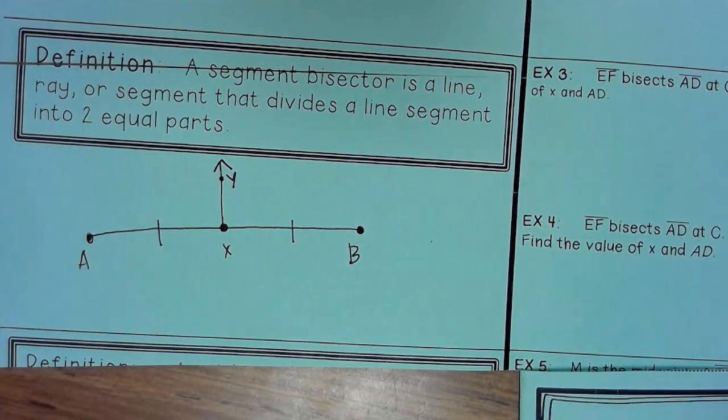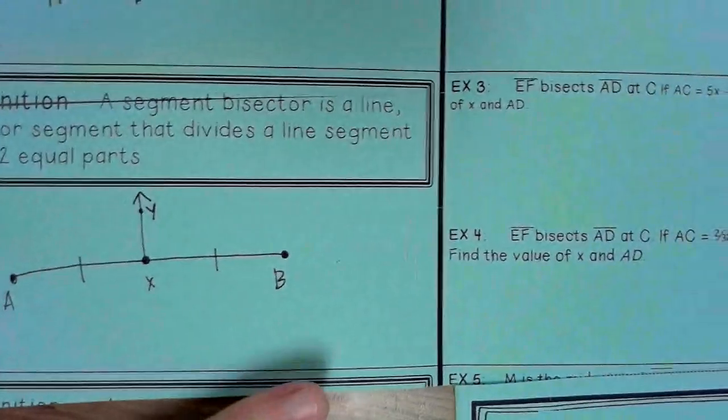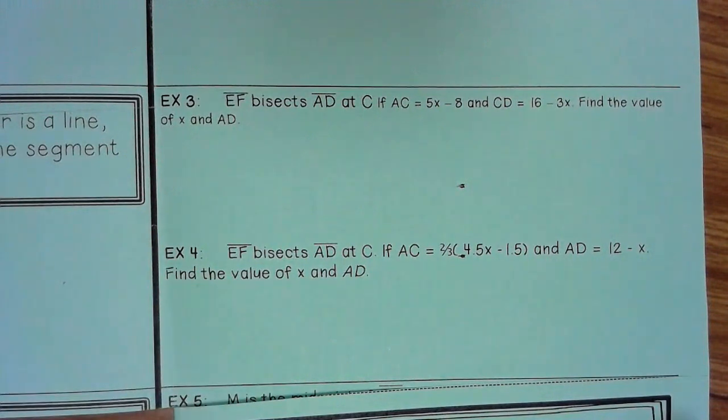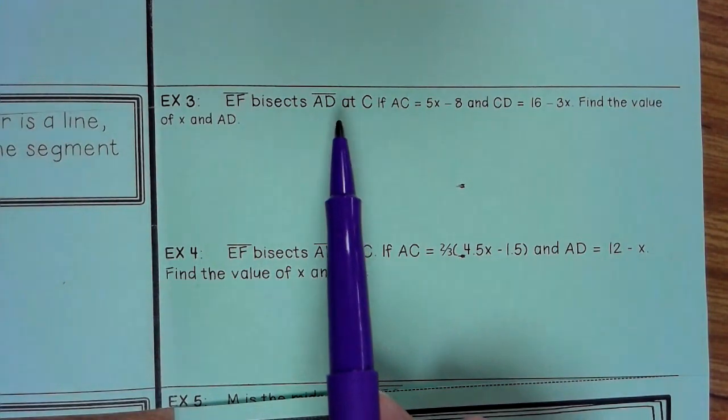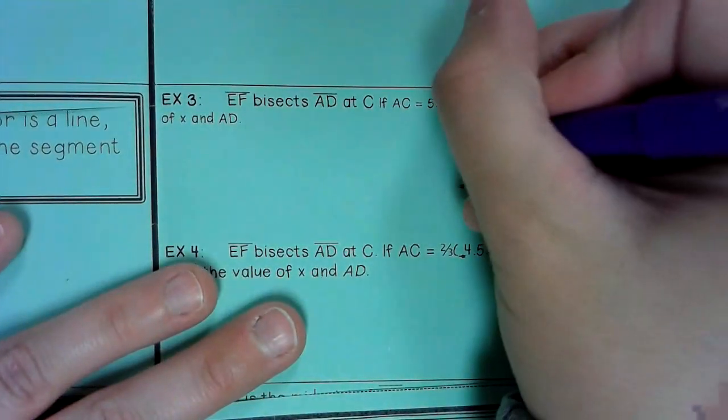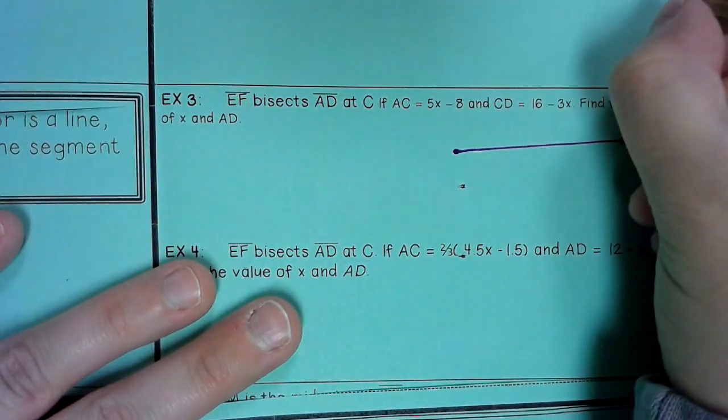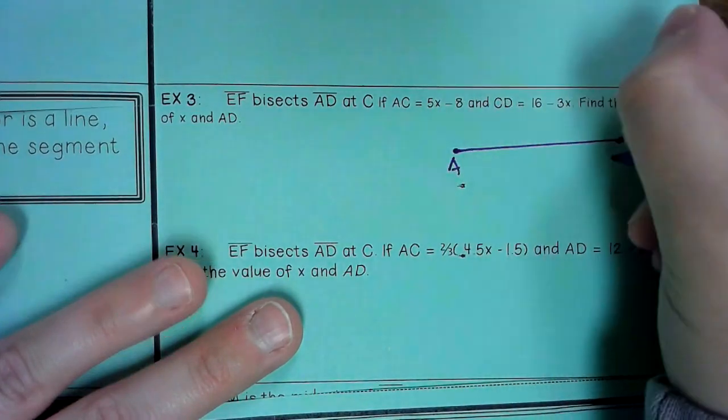Okay, so let's look at our example for segment bisector. So we're going to look at example number 3. EF bisects AD at C. So I'm going to start by drawing that. EF is doing the bisecting of line segment AD. So I know that line segment AD will be easier for my picture if I draw it this way.